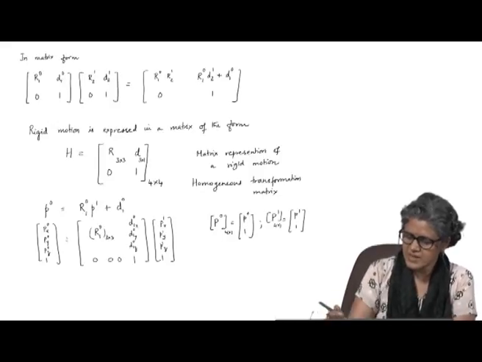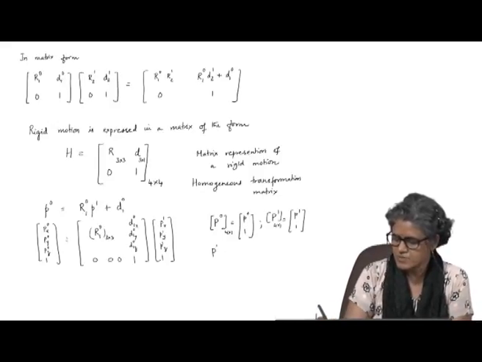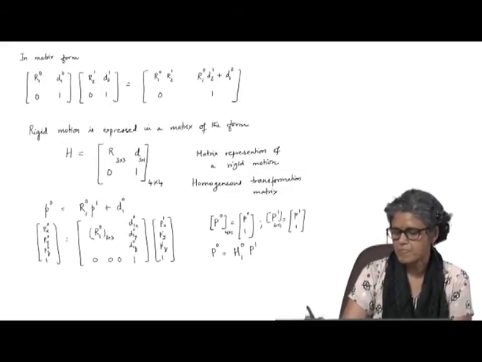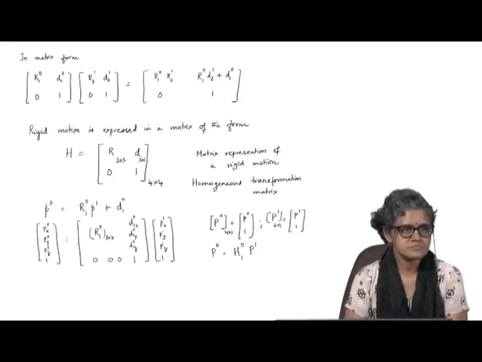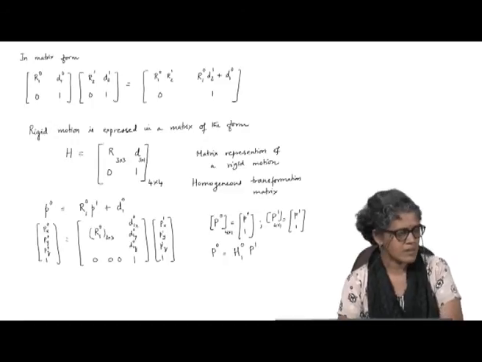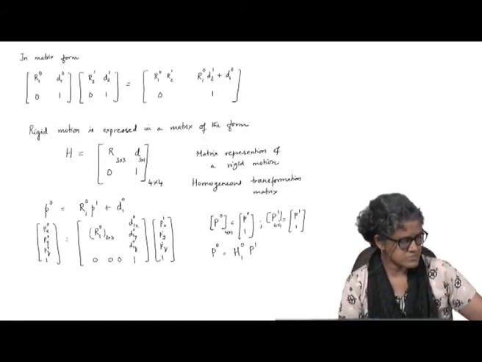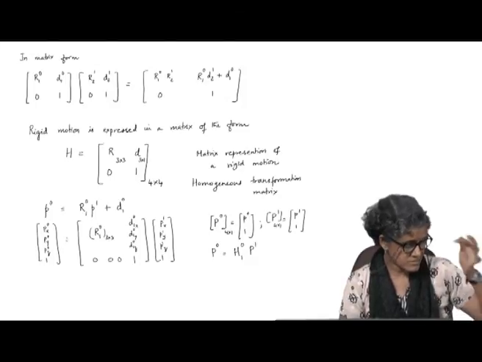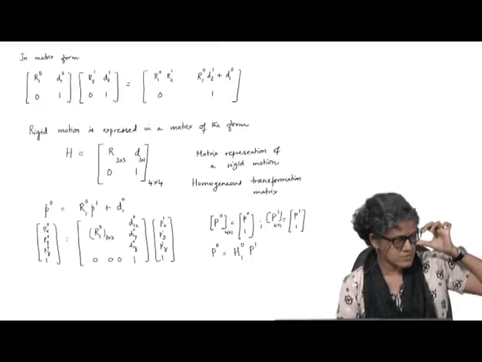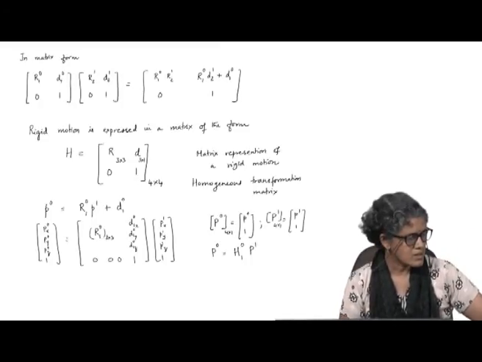And then, so we can write this as capital P0 is equal to H10 P1. Okay. Do the loop closure, let us see.